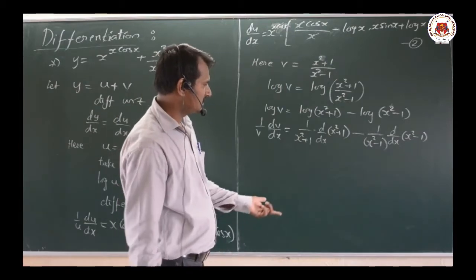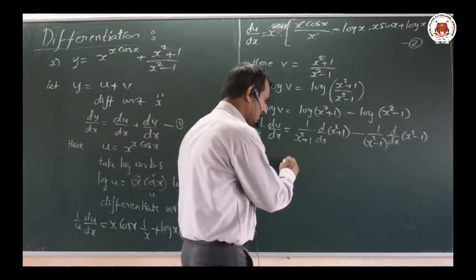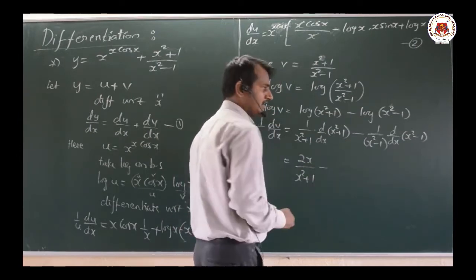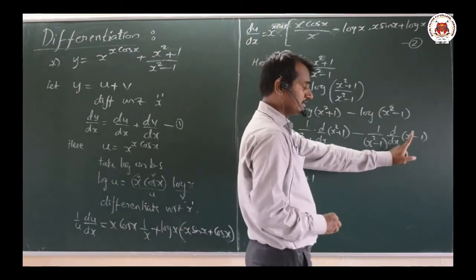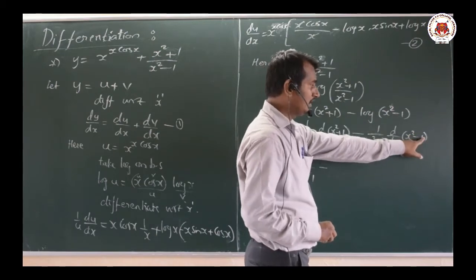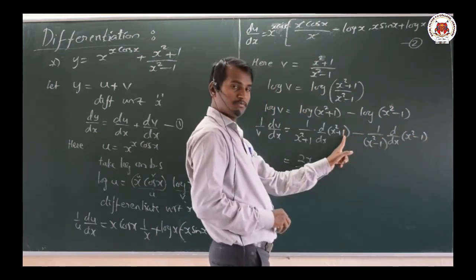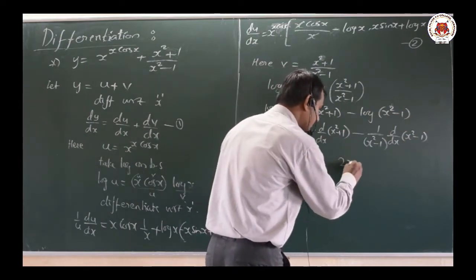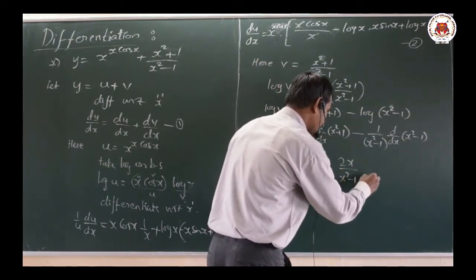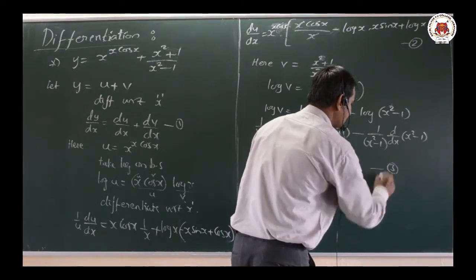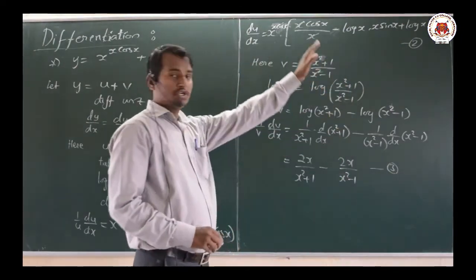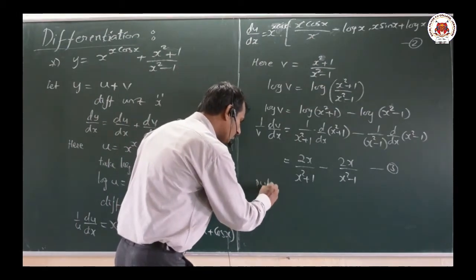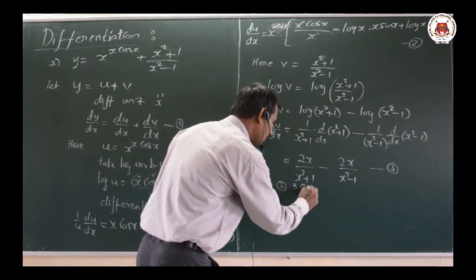Now the next term is differentiation of x square, that is nothing but 2x divided by x square plus 1 minus of, here x square differentiation is again 2x, 1 differentiation will be 0, here also 1 differentiation will be 0, therefore 2x divided by x square minus 1. Take it as equation number 3 here. Now we can put 2 and 3 in equation number 1.